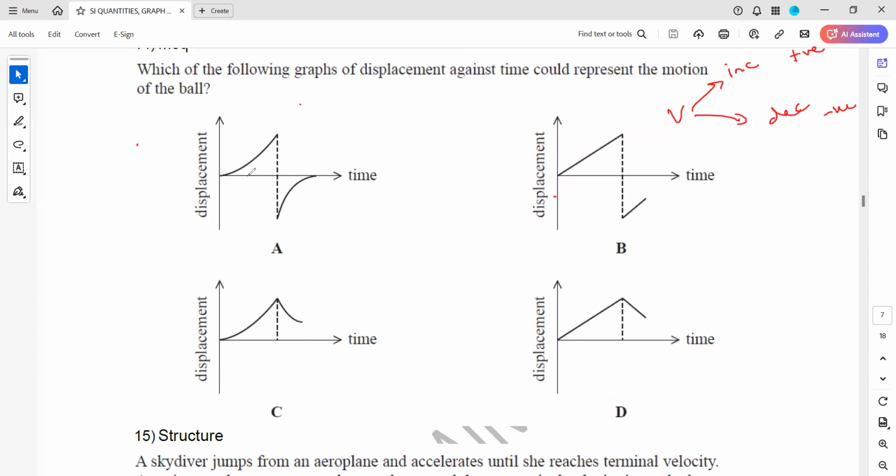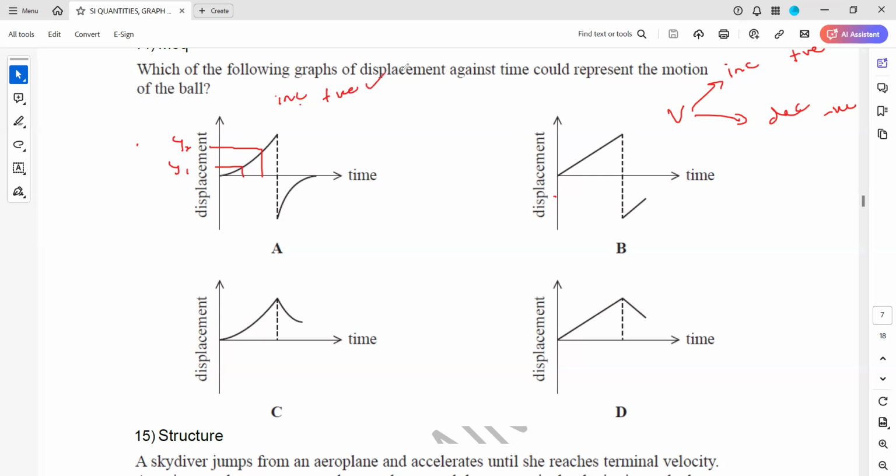When you check the first one, you have to check the slope of the first part of the motion. This is y1, this is y2. Yeah, I'm coming to that point. So y2 is above y1, so it means the slope is positive. And what happened to the slope? The slope is increasing.